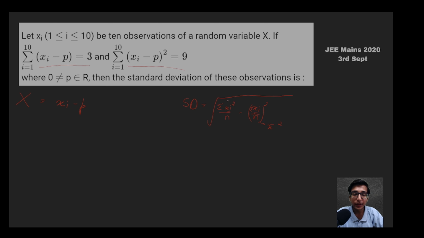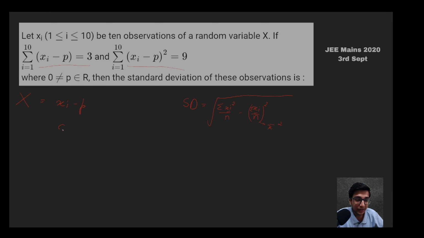Now you can simply replace xi square with xi minus p whole square, because I had taught you in that shortcut table trick that whenever any constant k is added or subtracted to all the values of the dataset, the variance or standard deviation does not change, it remains the same. So this would have no effect on the standard deviation.